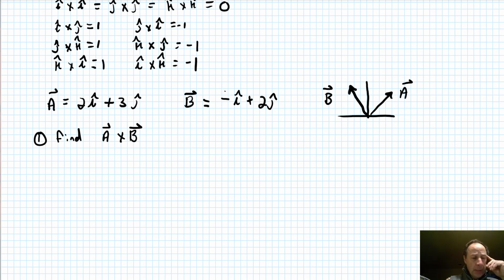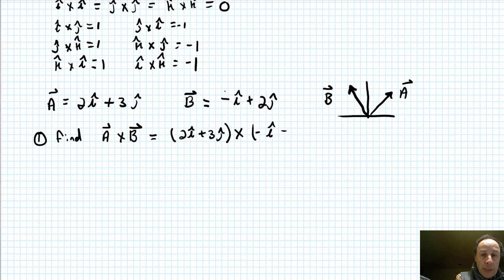It just helps us keep in mind what we expect. So A cross B is going to be coming out of the paper as we see it, the direction. All right, that's what we would expect. So let's do this. A cross B is 2i plus 3j crossed with minus i plus 2j hat.